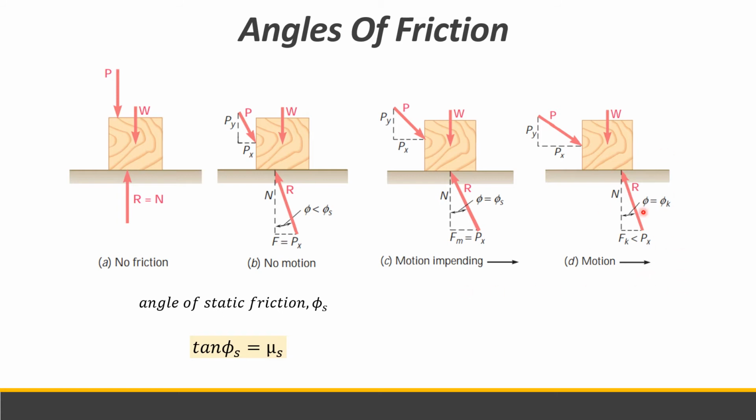So from the geometry, the triangle of N, R and Fk, we can also find that tangent phi k, or the tangent of the angle of kinetic friction, is equal to the coefficient of kinetic friction. Okay, so those are the angles of friction.